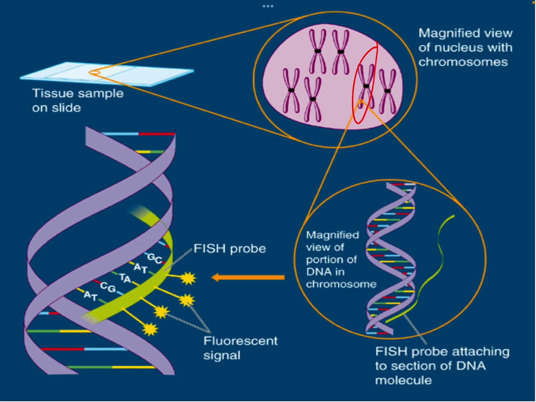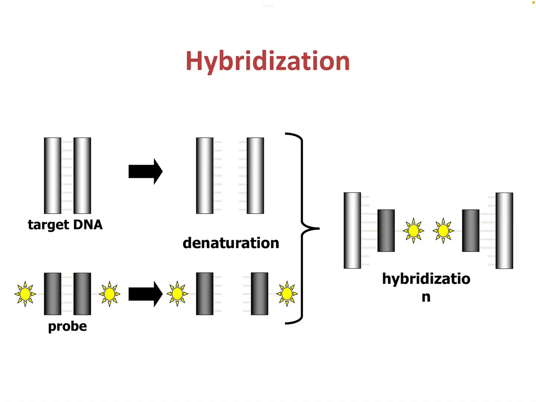If we further magnify this portion, so we see that the probe will attach to a section of the DNA molecule. So this one, at ito yung probe natin. And then the fish probe, because of its inherent or attached na fluorescent, it will light up or signal. It will light up, or we can visualize this in a fluorescent microscope.